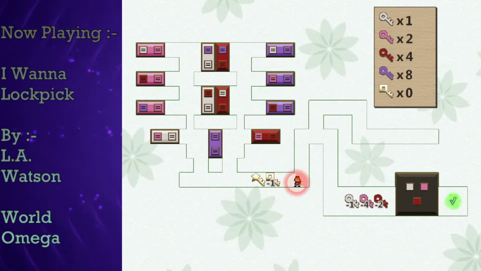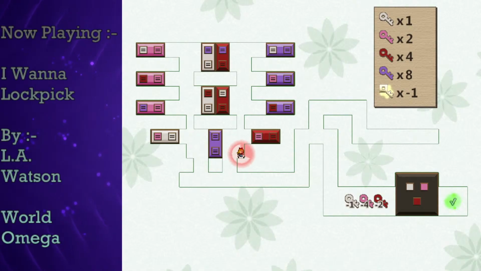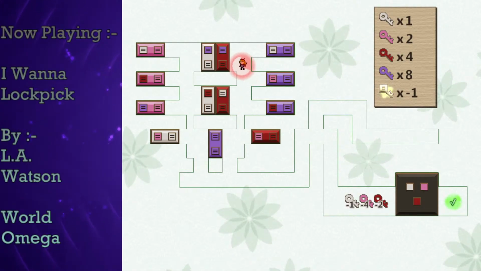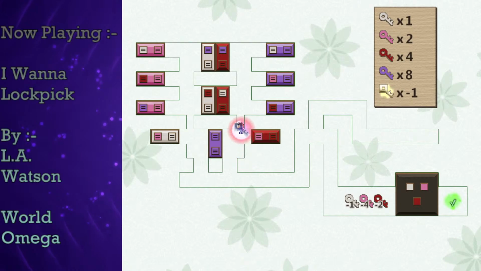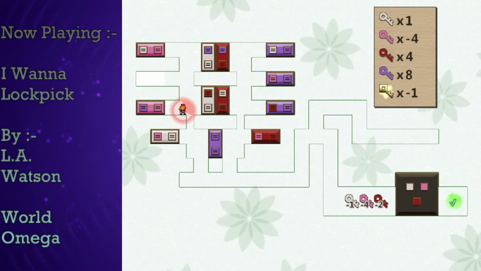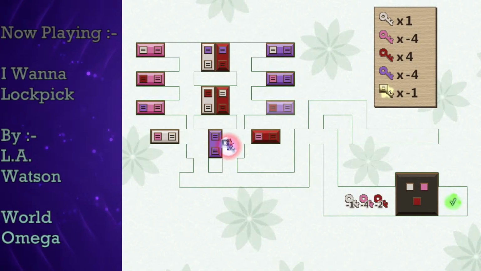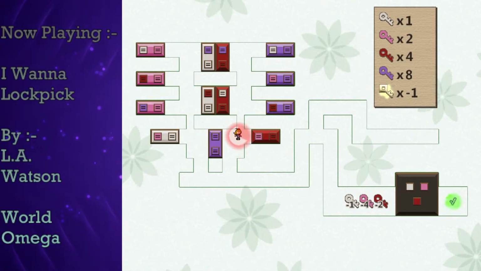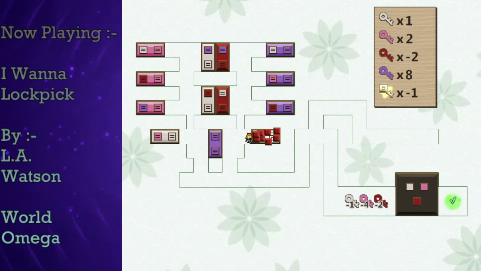Nah, we gotta change. Okay, so how about we, so how about we, what do we do, or we turn the 4 into a 2. Yeah, that will work.